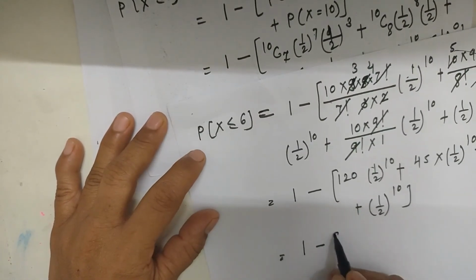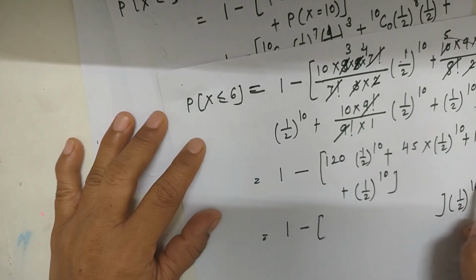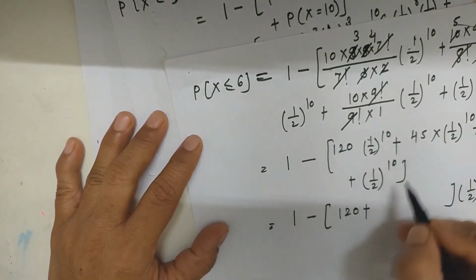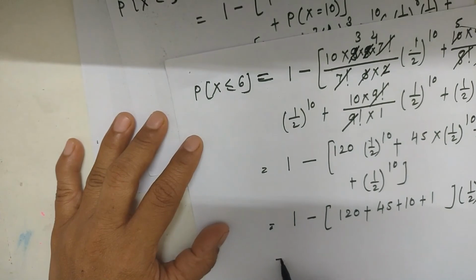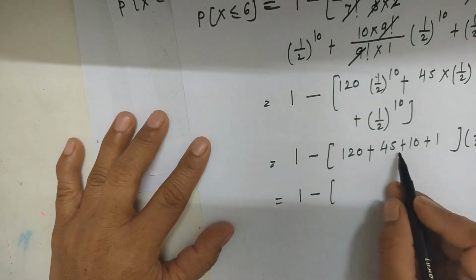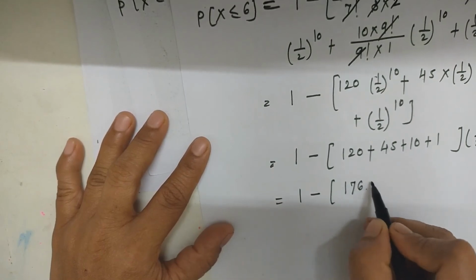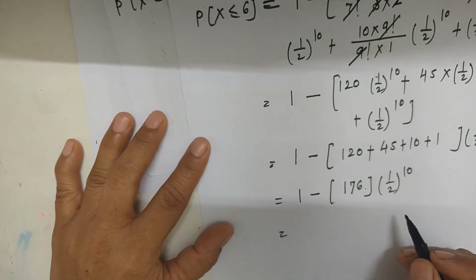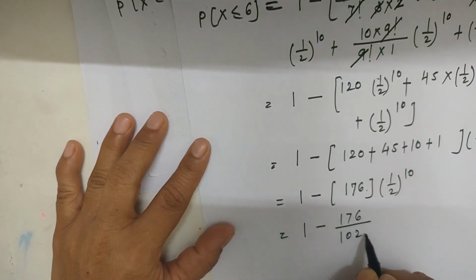Here 1 minus half raised to 10 will be common, and the remaining terms 120 plus 45 plus 10 plus 1, addition of all these terms, then we get 120 plus 45 is 165, plus 10 is 175, plus 1 is 176, into half raised to 10, and we know that 2 raised to 10 is 1024. So 1 minus 176 upon 1024.